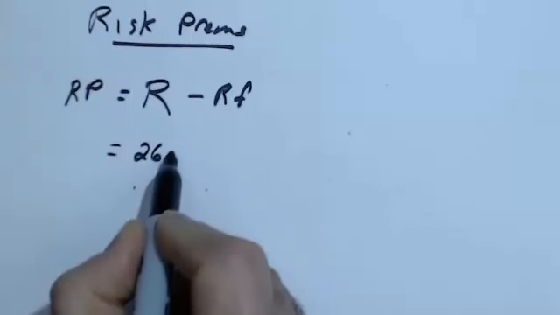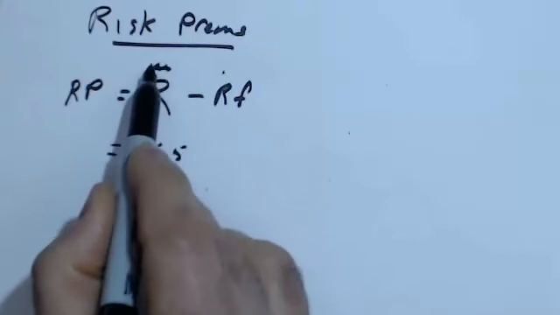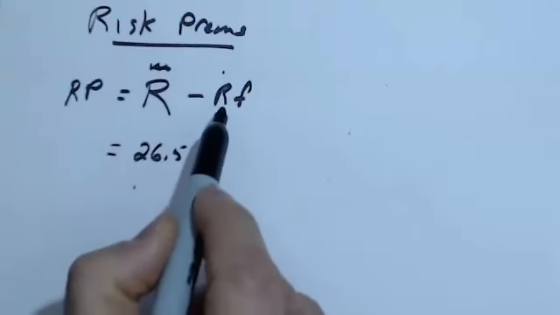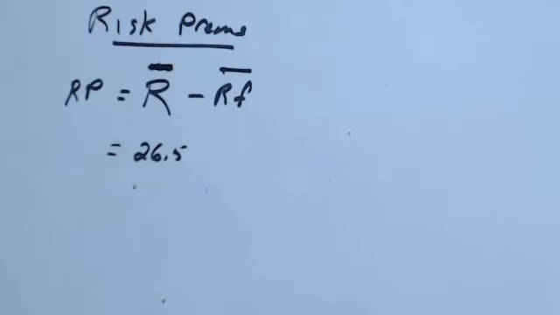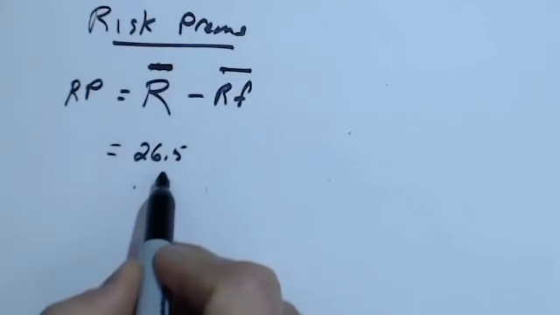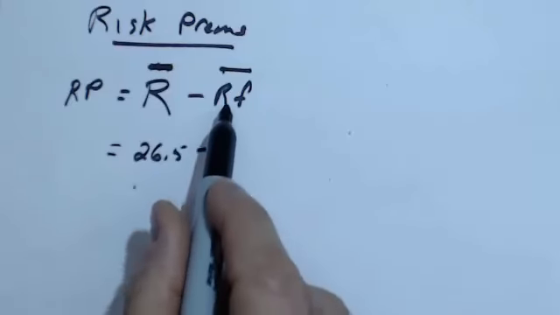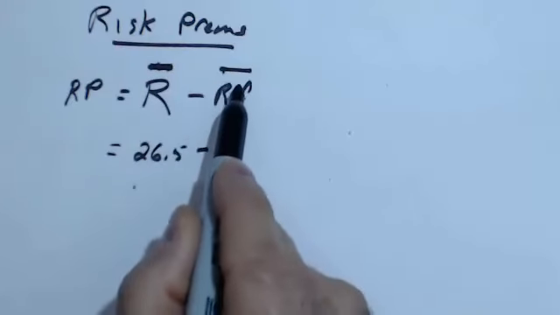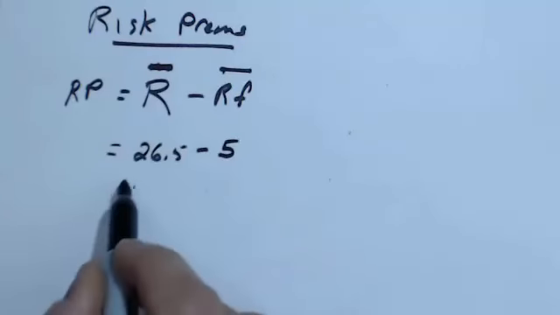This was on average, so you can use averages here. You don't have to use averages. You can do this on an annual basis. You can do this on a daily basis. But if you do it over a period of time, you can use averages. And I'm going to use the arithmetic average, 26.5, minus the T-bill. This is the Treasury bill average T-bill rate that's found in the table I showed you, and that was 5%.